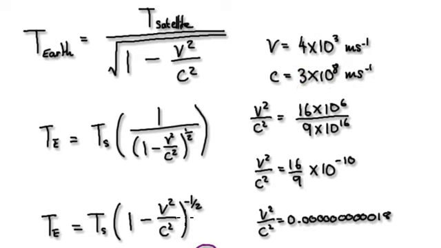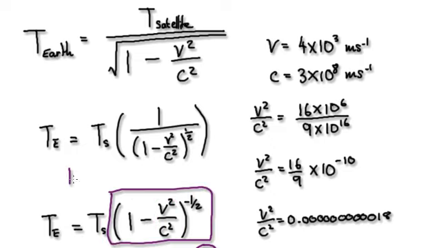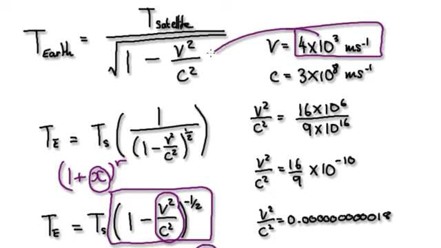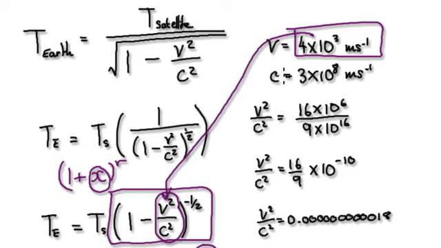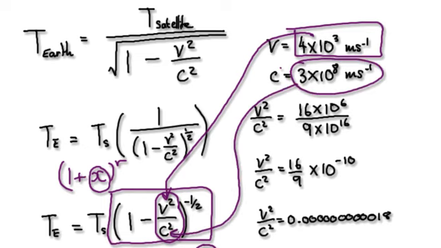Remember that this thing here is like 1 plus x to the power of r, and this x is very small, because the typical v is this, so that's your v, and this c here is this c here.